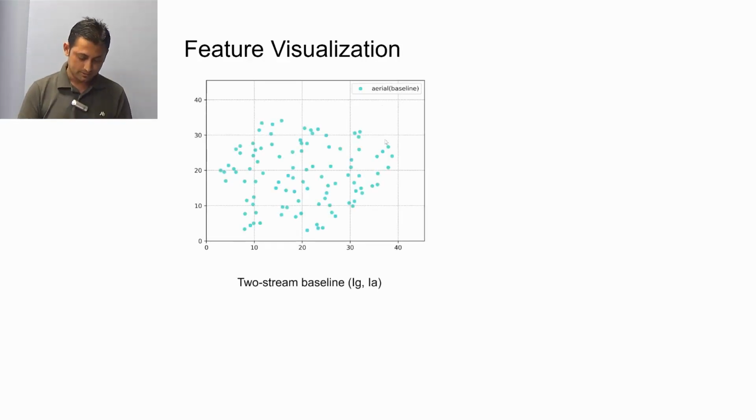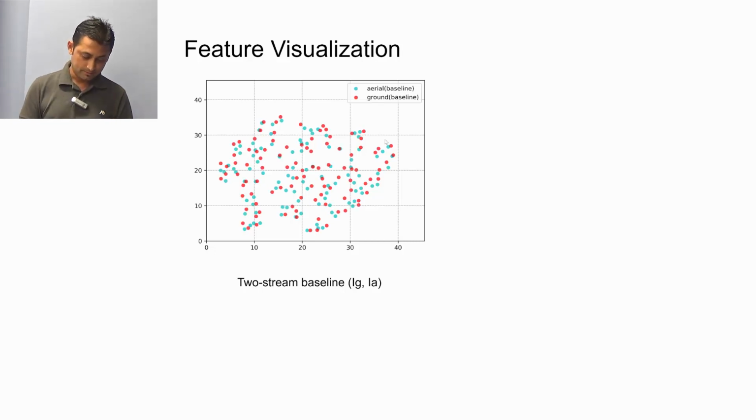Let's look at whether the features obtained by our network are very useful for our experiments. Here we show the features for aerial images using our two-stream network, which is a baseline network. Here each plot represents an aerial image, and these are the t-SNE representation of the feature maps, which is the 2D projection of the features.